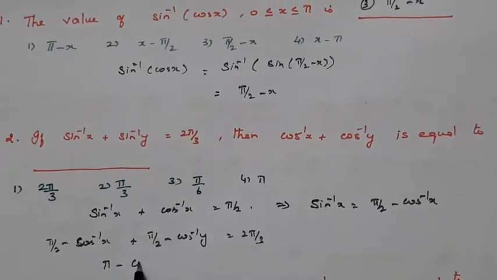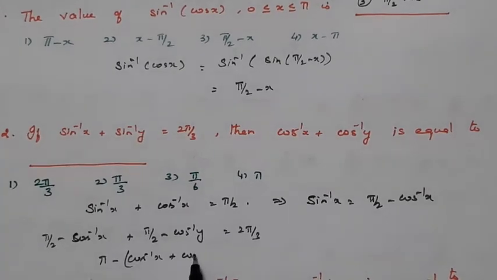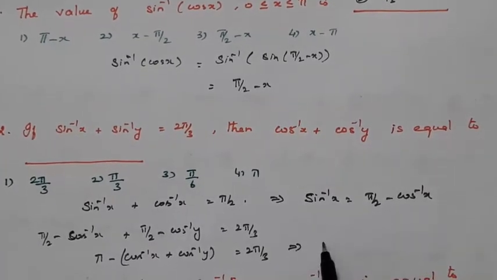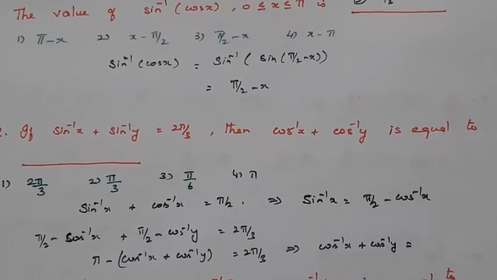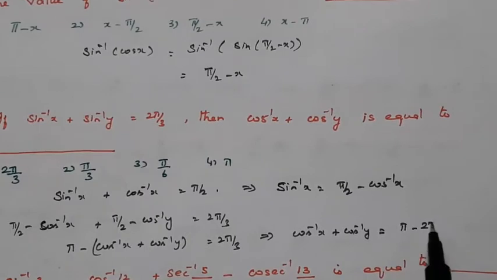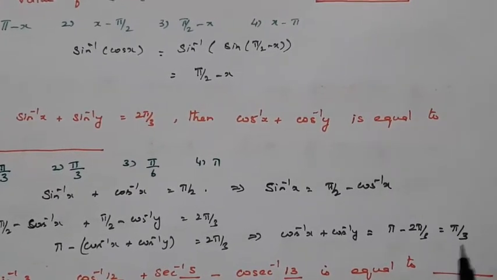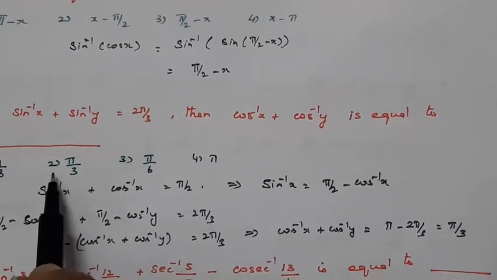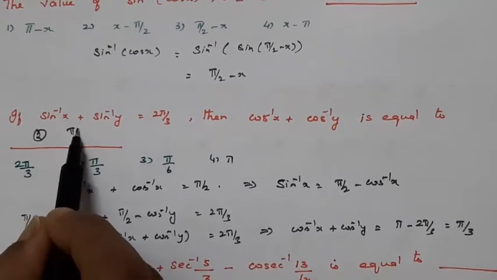So, pi minus cos inverse of x, taking the minus common outside, plus cos inverse of y is equal to 2 pi by 3. This implies that cos inverse of x plus cos inverse of y is equal to pi minus 2 pi by 3, that is 3 pi minus 2 pi, which is equal to pi by 3. Using that relation, we got the answer as pi by 3, and that is the second option.